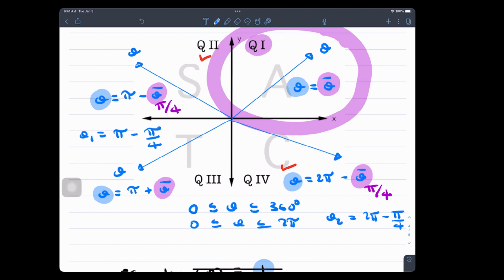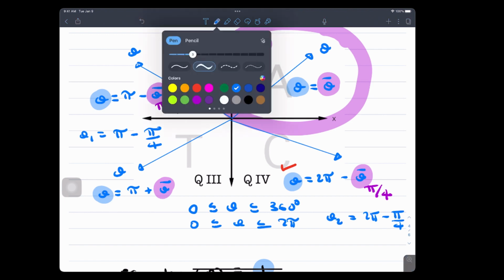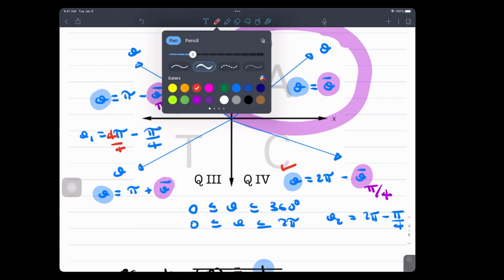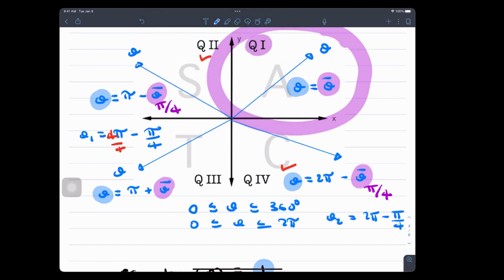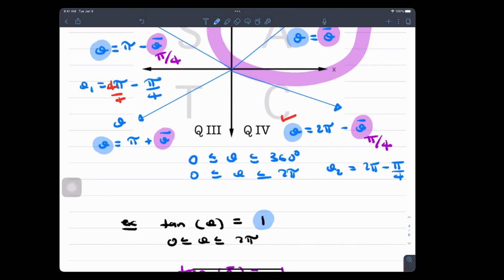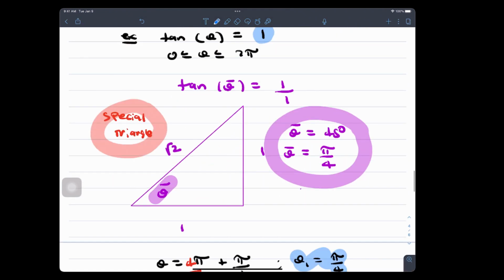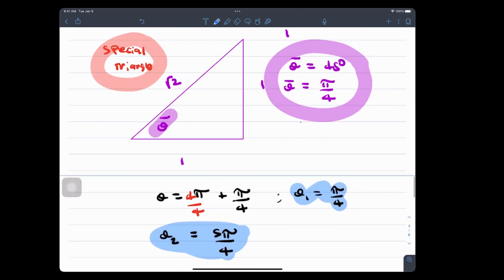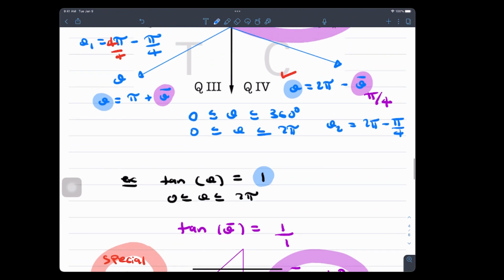Okay, so do your arithmetic. And what do you guys find? What's the first solution going to be? What's 4 pi minus pi? Isn't that 3 pi over 4? So here's my first solution, 3 pi over 4. The second solution is over here. What's the second solution?